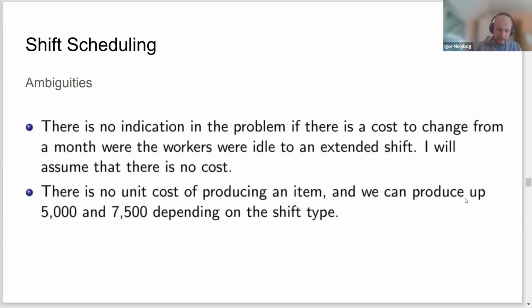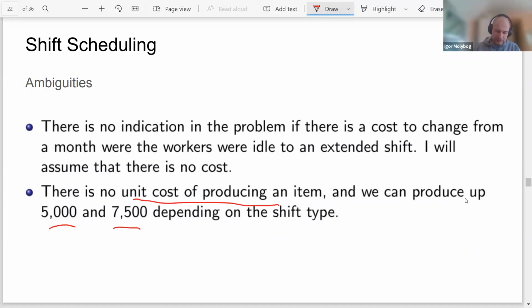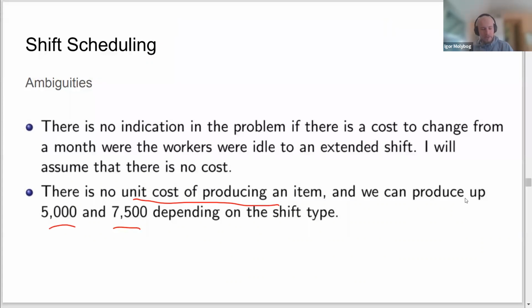So it is important that there is no unit cost of production anywhere in the problem. Therefore, we can assume that the production is free, and we can produce up to 5,000 or 7,500 depending on the shift type, any amount. There is no indication in the problem otherwise. Okay.